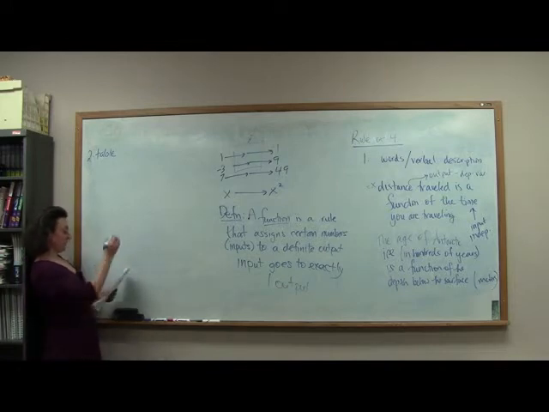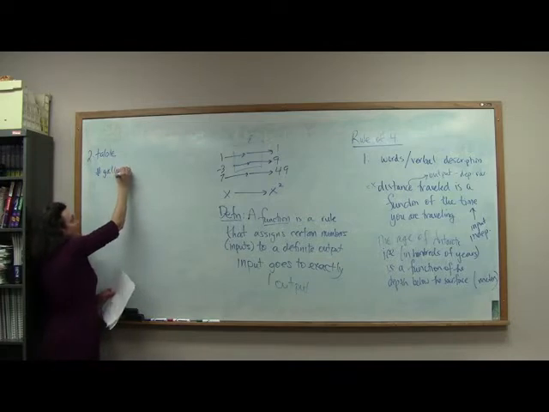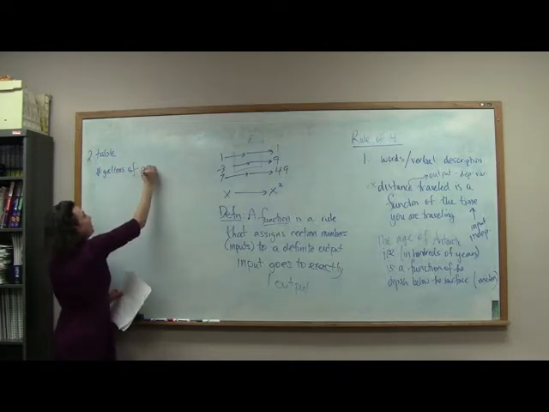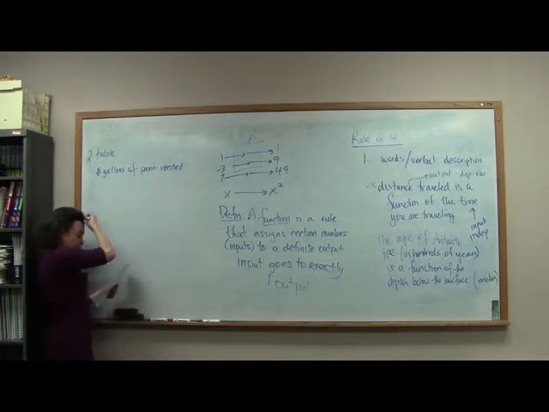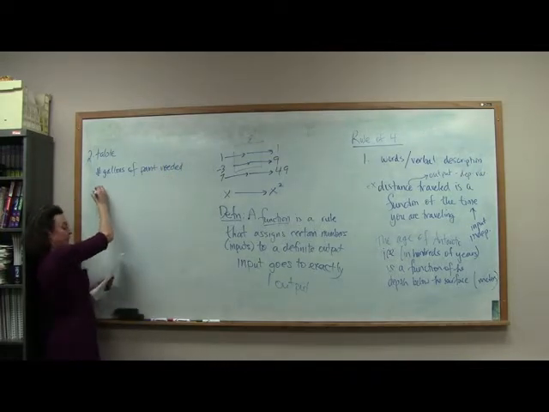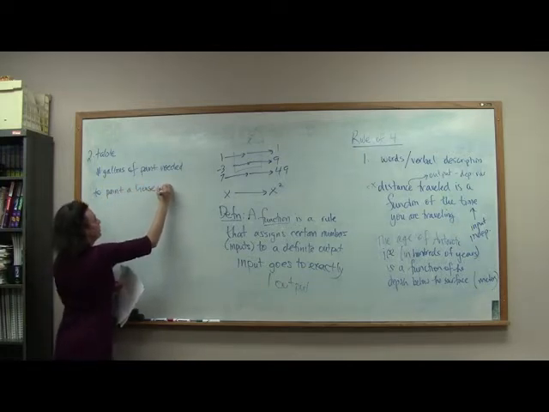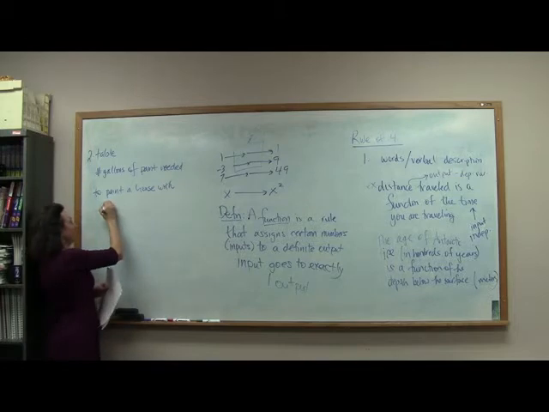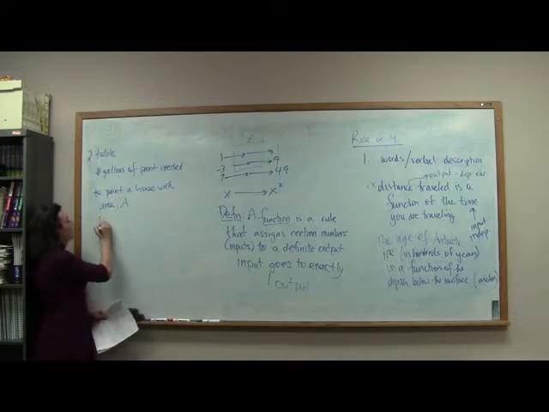Let us suppose that this table represents the number of gallons of paint needed to paint a house with an area, we'll call that area A. So here's our table.